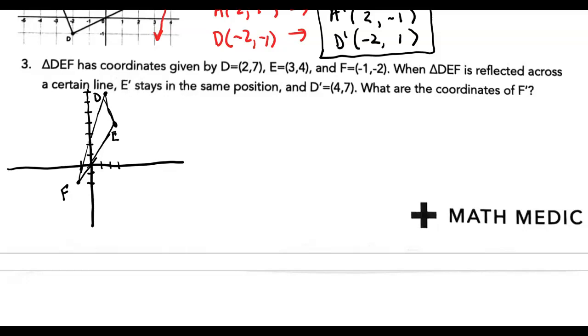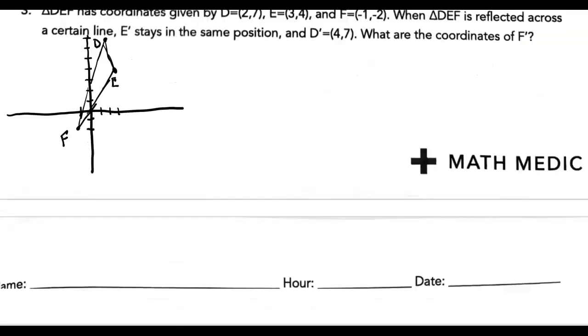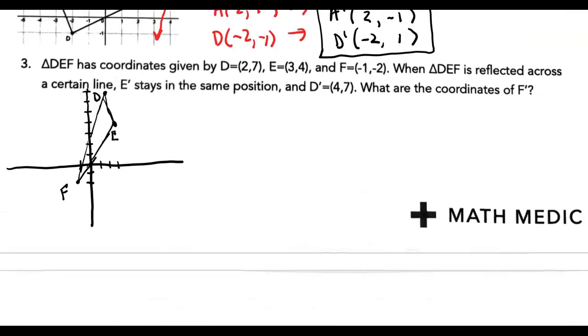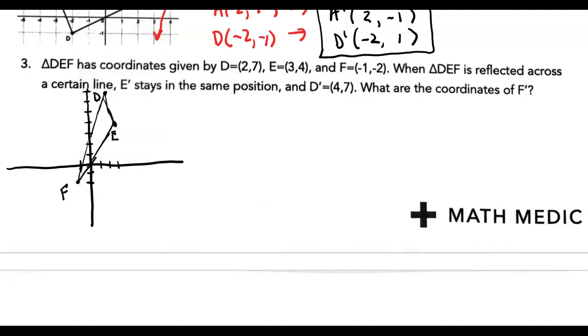And it's reflected across some line so that E and E prime, so let's switch to another color here. This is also going to be E prime, this point here. So it's E and E prime. And D prime becomes (4, 7).